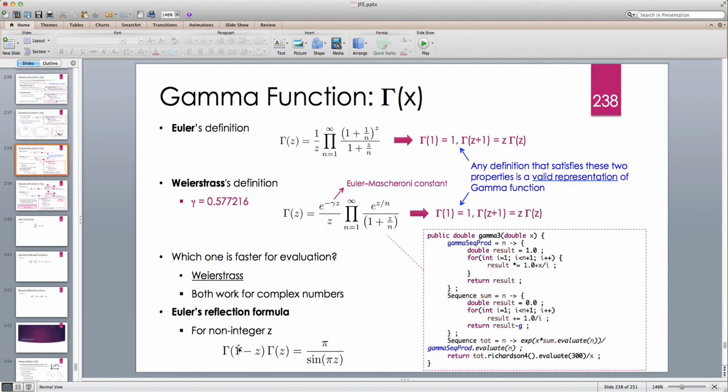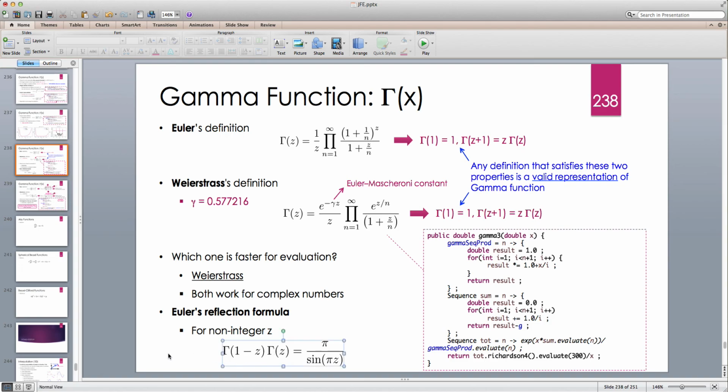Gamma z times gamma 1 minus z actually has a definite value. This gamma doesn't have an elementary representation, but gamma z times gamma 1 minus z turns out to have an elementary representation, which is pi over sine of pi times z. And again, it doesn't matter if z is a real number or complex, because we can define the sine for both real numbers and complex numbers.